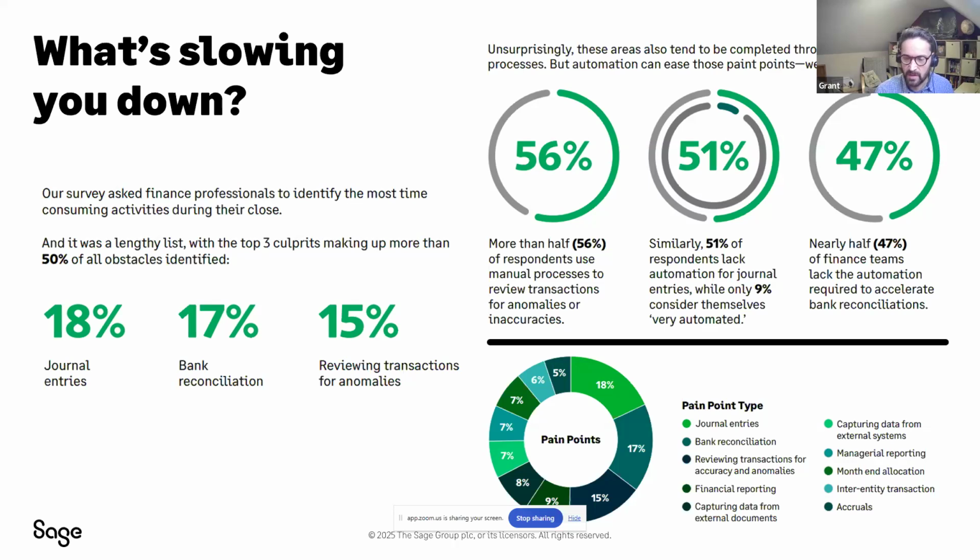So they're having to either manually process those bank reconciliations or maybe import that data manually themselves. There are a lot of benefits and little tools that can help speed up this reporting close. For example, automatically sending out reports.